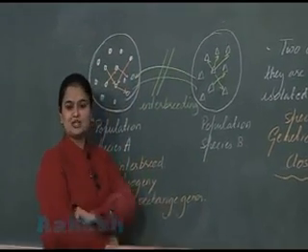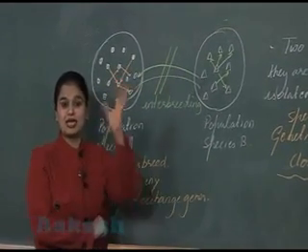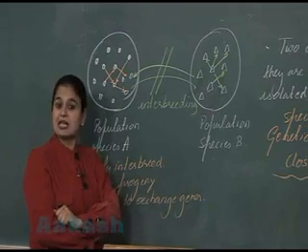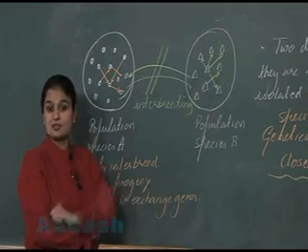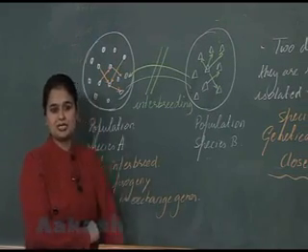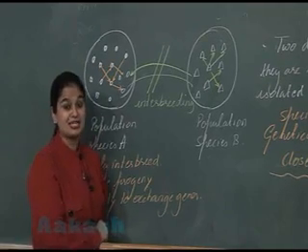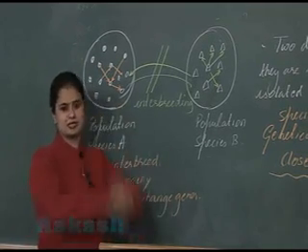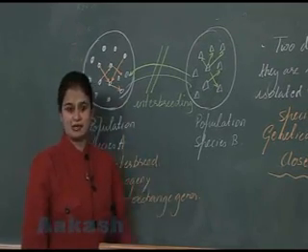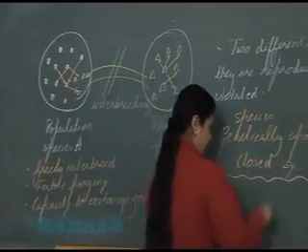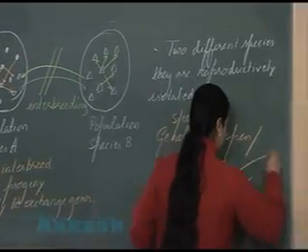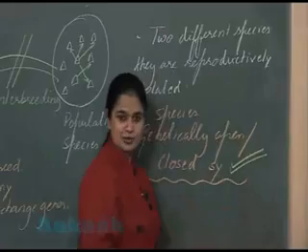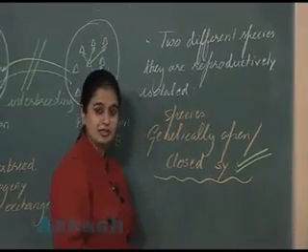If genes cannot be exchanged with different species, surely what you will say? We will say it is a genetically closed system because it cannot exchange the genes. Genetically closed system. So you got this?